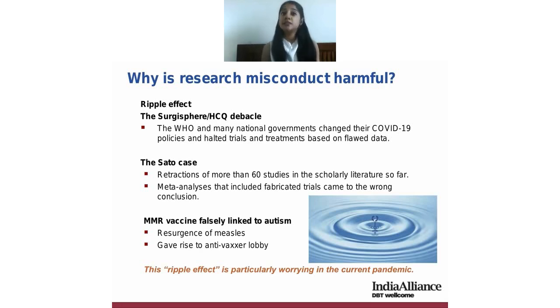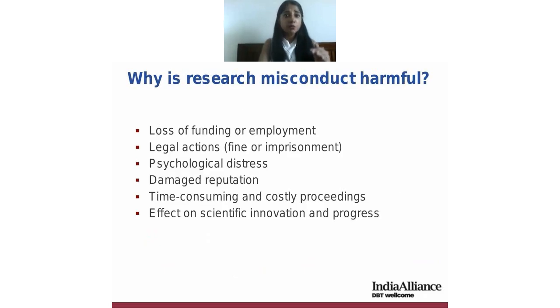There has been a resurgence in measles in certain countries, and it has given rise to this lobby of people who believe that vaccination is wrong, vaccination is bad for our children, and it has such far-reaching implications. So this ripple effect, one retracted study or just a couple of studies, the reach is very wide and it spans over years sometimes.